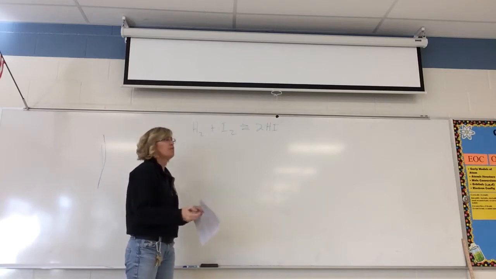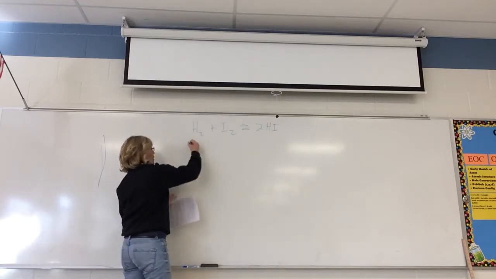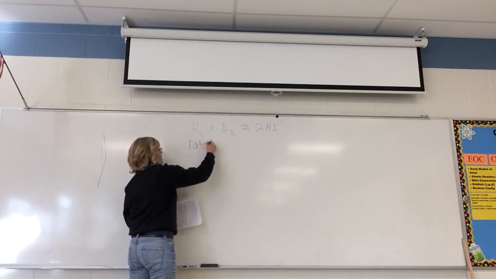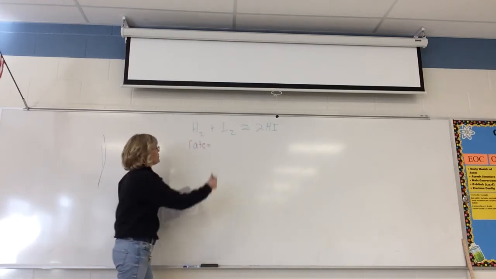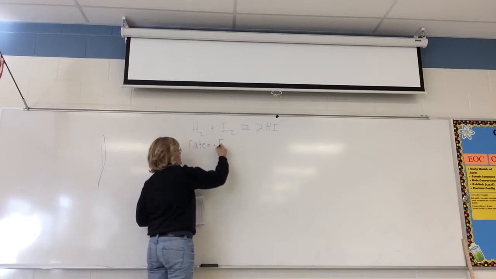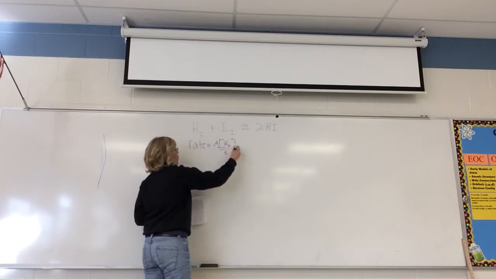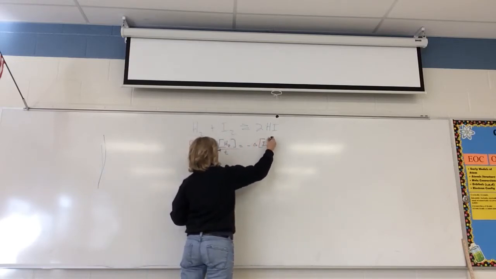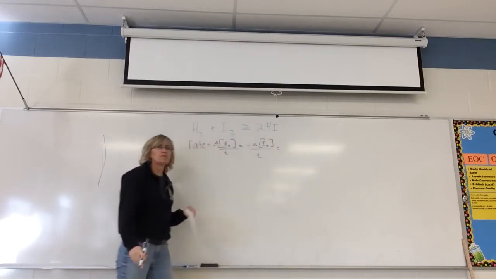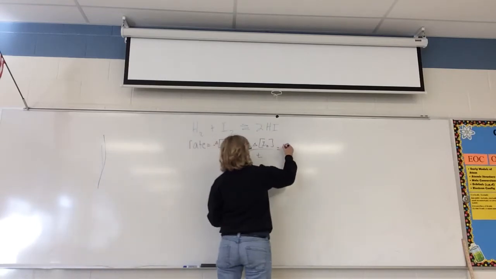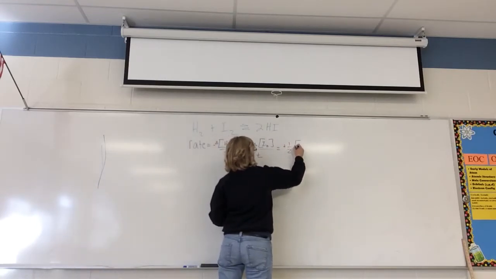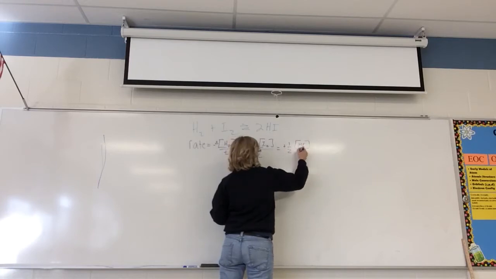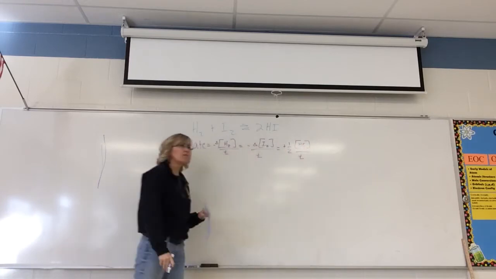Okay, and we know that if we wrote a rate equation, rate equals, we could look at it from the perspective of the change in the H2 over time, or we could say the change in I2 over time, or, and this is where we look at the balanced chemical equation, half the rate of the HI over time. That would be our rate equation.